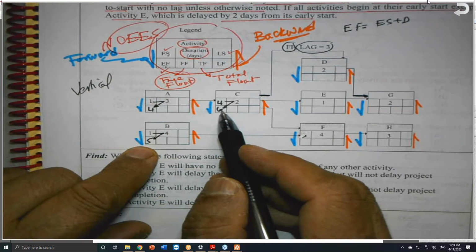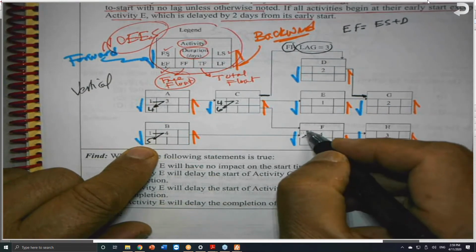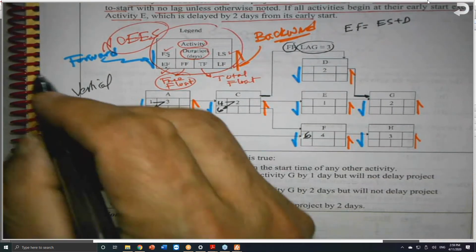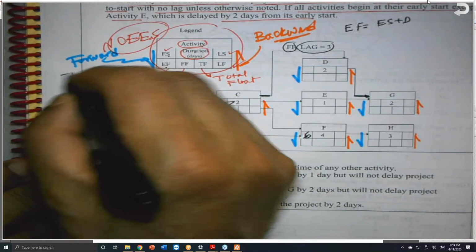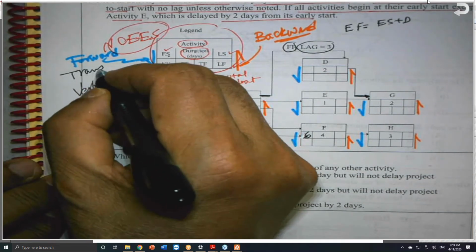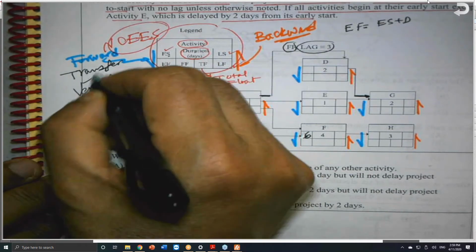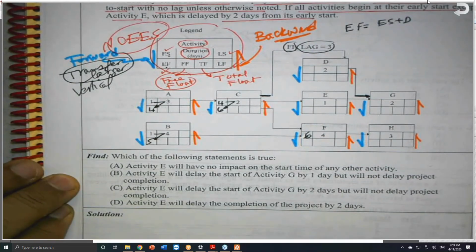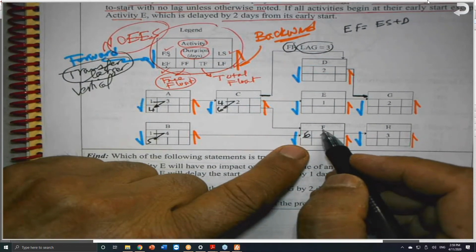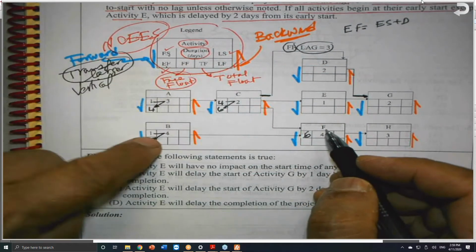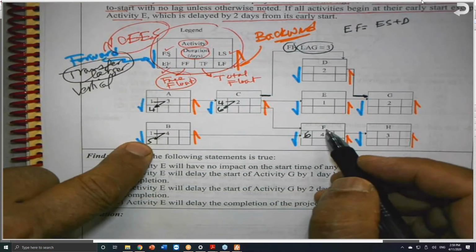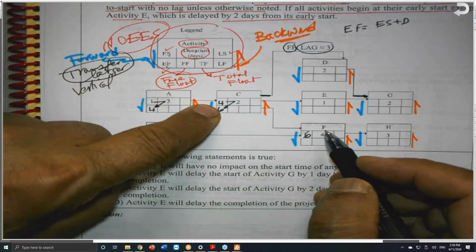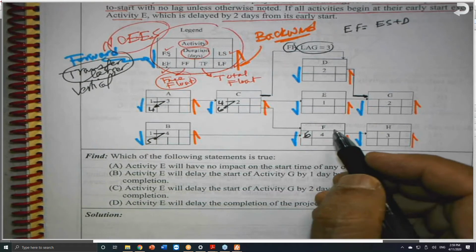When I transfer, for the forward, it transfers the larger or the largest, because F cannot start unless C is done and B is done. B is done after 5 days, but C needs 6 days, so it has to wait until 6 days. You see that?